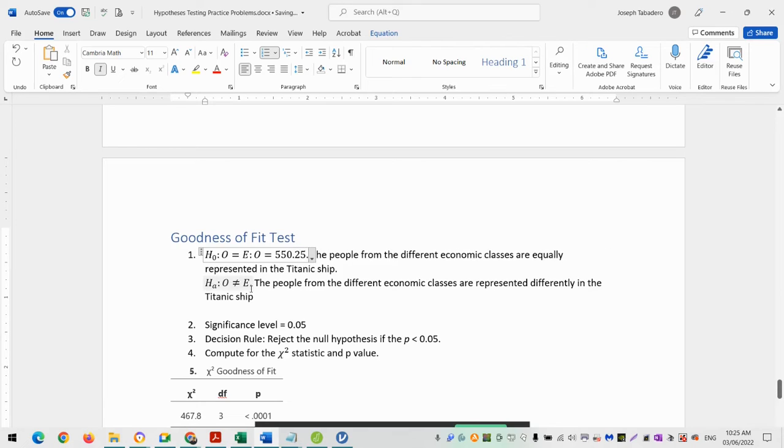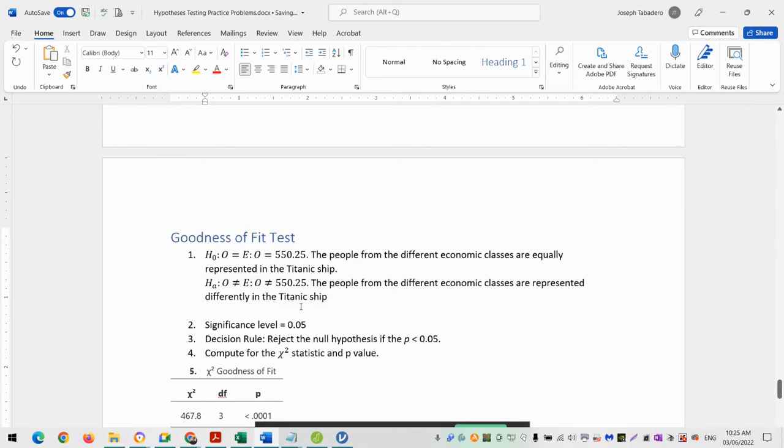So dito sa alternative hypothesis natin, pwede nating isulat na O is not equal to 550.25. In words, we can say that the people from the different economic classes are equally represented in the Titanic ship for the H naught, and the people from the different economic classes are represented differently in the Titanic ship for the alternative hypothesis.